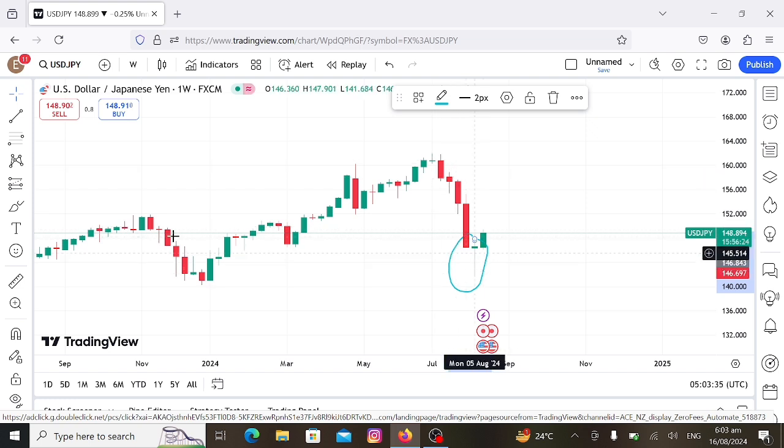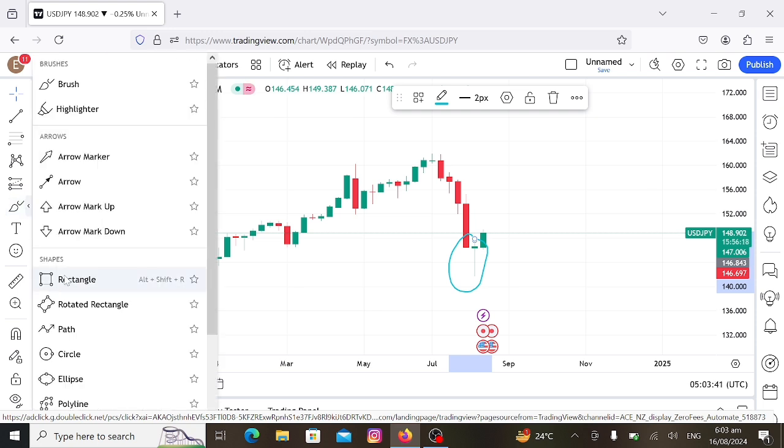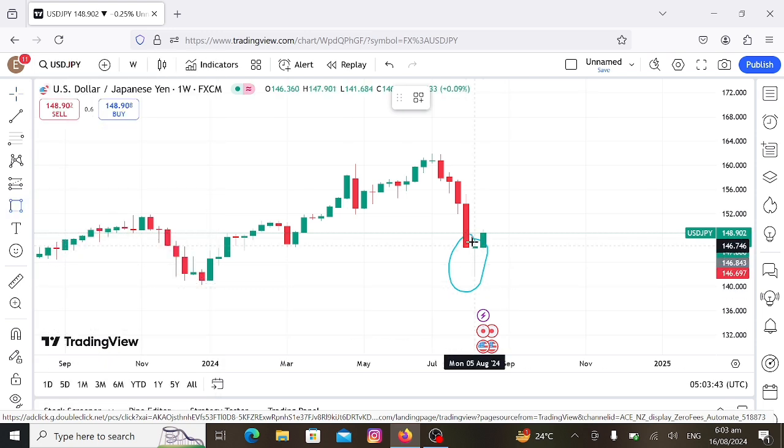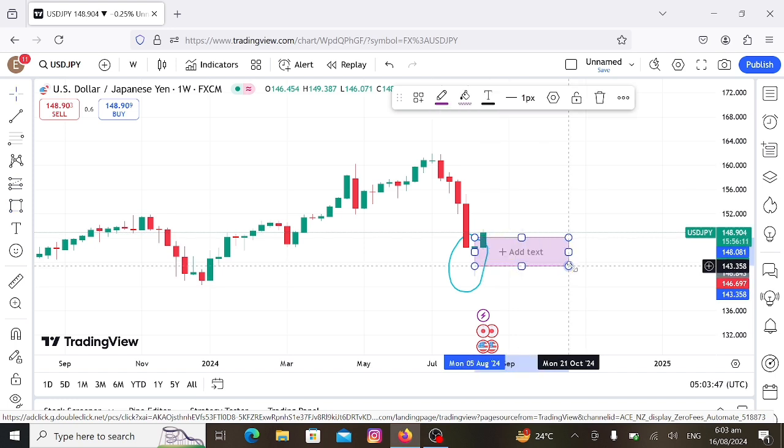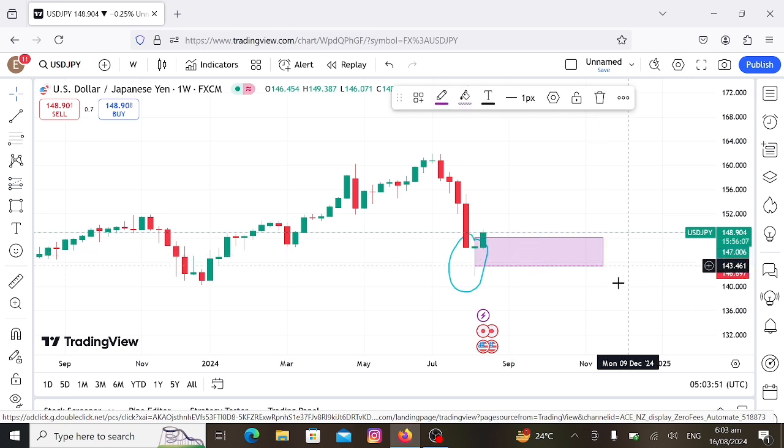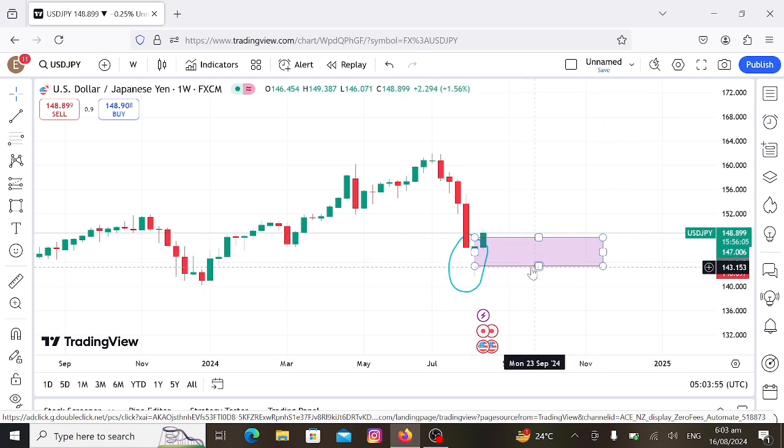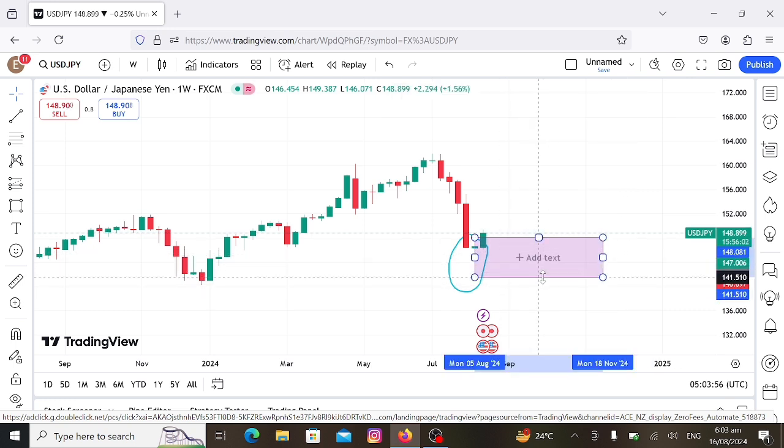For instance, if you see this hammer and decide to trade it, you decide to place a trade here.